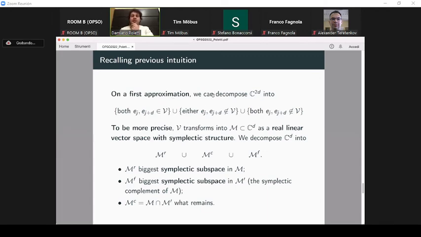These spaces correspond, morally at least, to the first one, where by looking at linear combinations of elements in V, we can recover both a_j and a_j dagger, so both annihilation and creation operators. On the other side, we have the subset of C^{2d} where we have neither e_j nor e_{j+d} in V, so neither creation nor annihilation operators. Or a set in between where we have one but not the other.